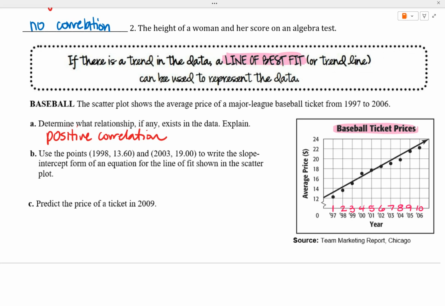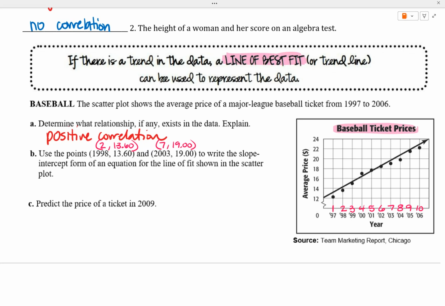So that means our coordinate that we're going to be using, this 1998, 13.6, is really 2, 13.60, and that's okay. And then our second point is 2003. 2003 was a 7, so 7, 19. So I'm going to be using those numbers to help me write my equation in slope-intercept form.